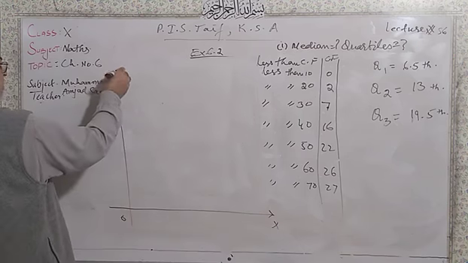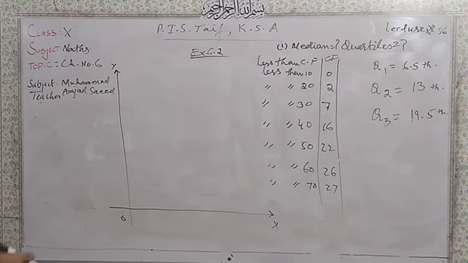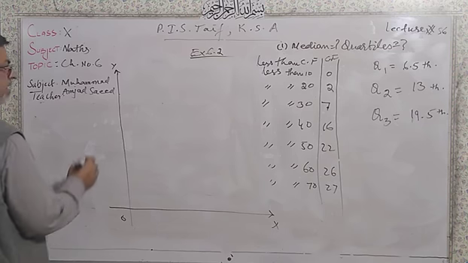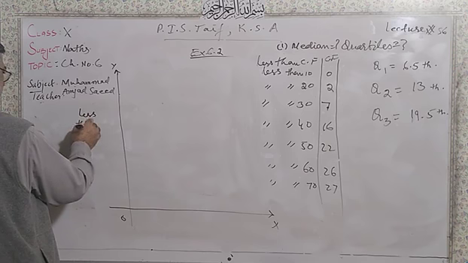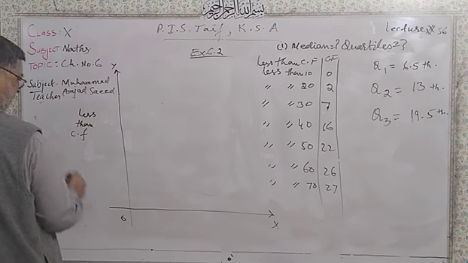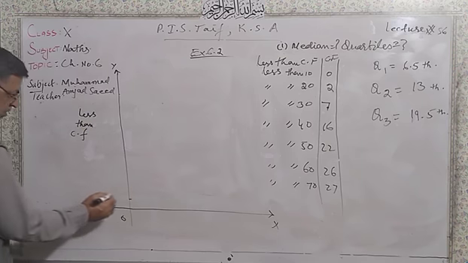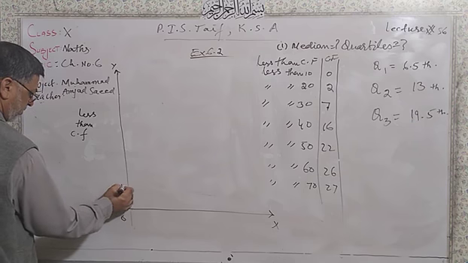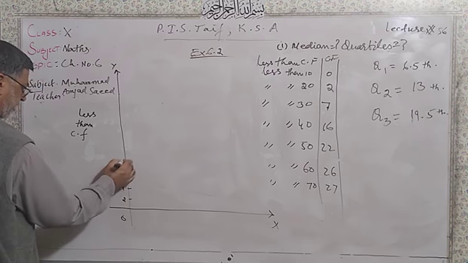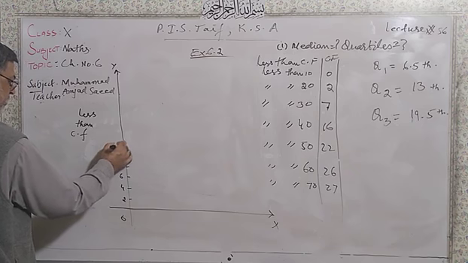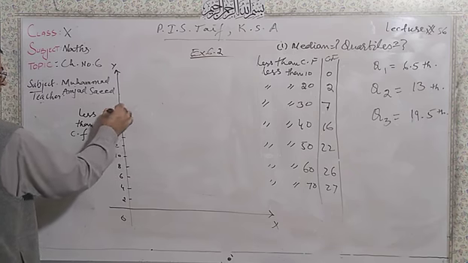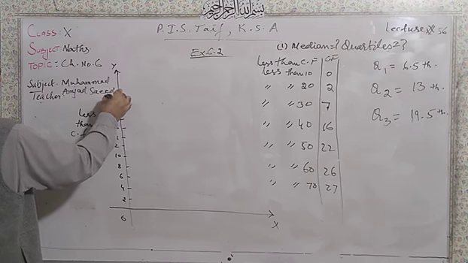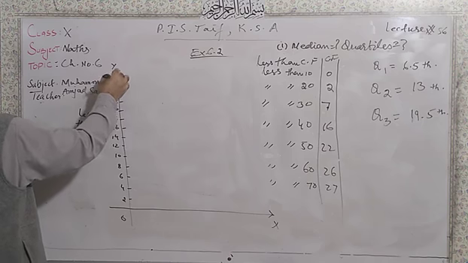Here is the x-axis and this is the y-axis. On the y-axis we take less than cumulative frequency, and we can take 2, 4, 6, 8, 10, 12, 14, 16, 18, 20, 22, 24, 26 and 28.